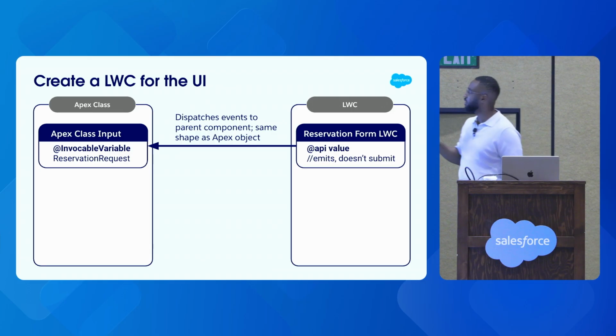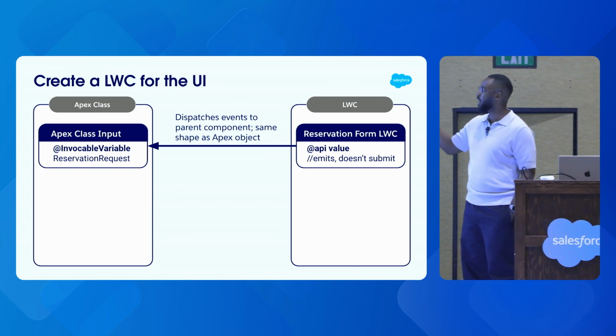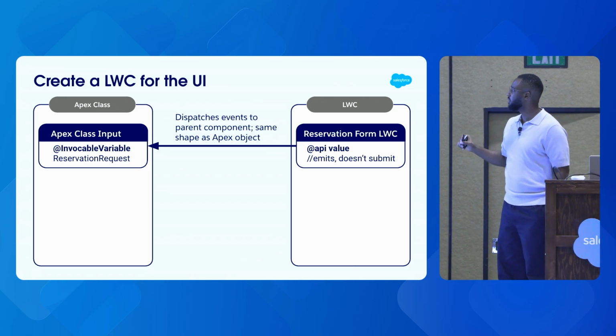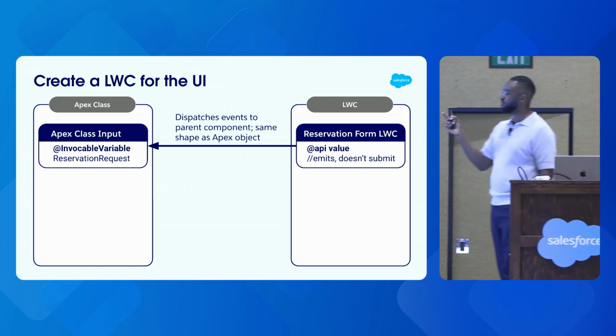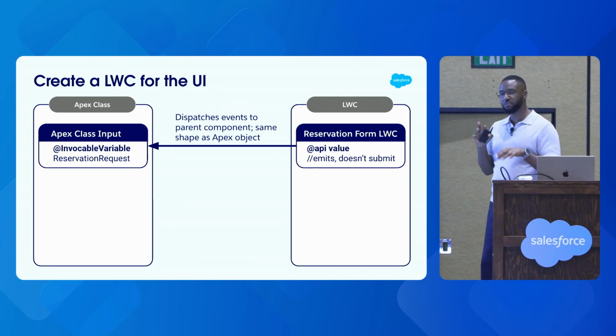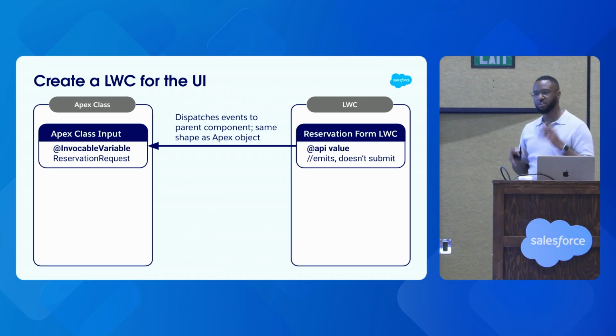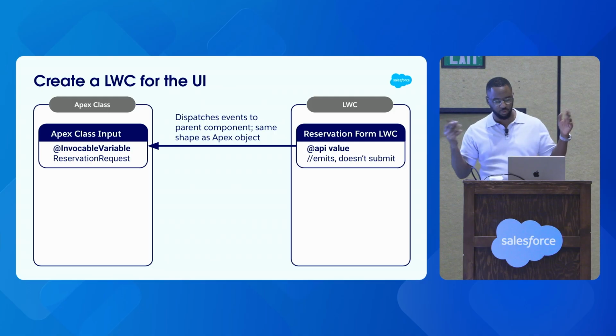And essentially, this Lightning Web Component is going to have an API property that's going to take in, and it's going to dispatch events that are the same shape as the reservation request. So as people type in the fields, you'll have event handlers, and it'll just send the current value of the name or the phone number, okay?